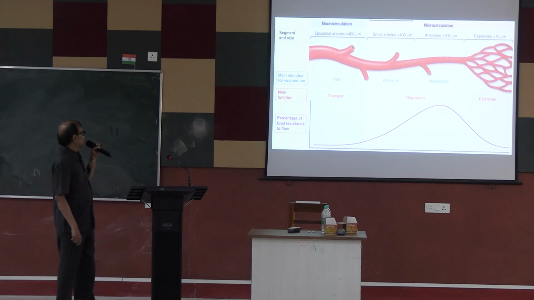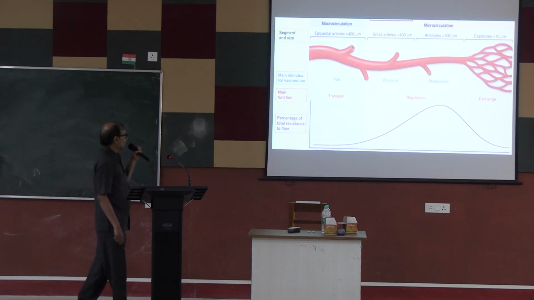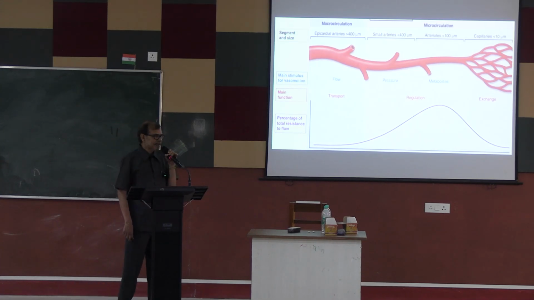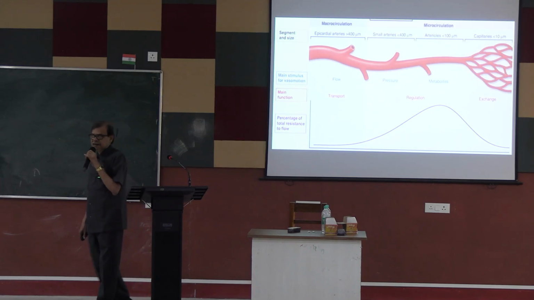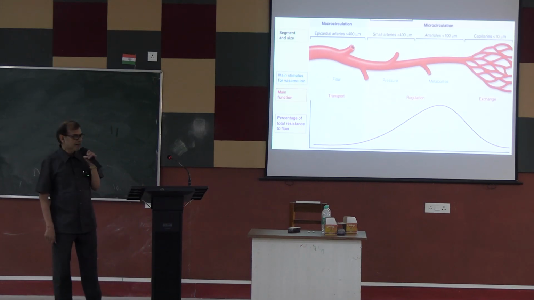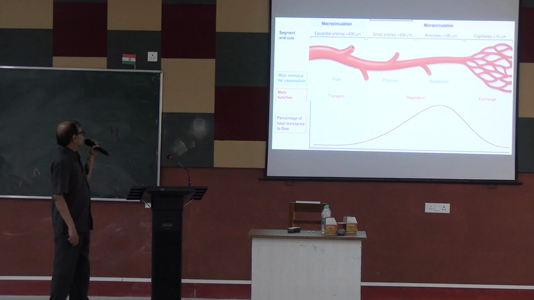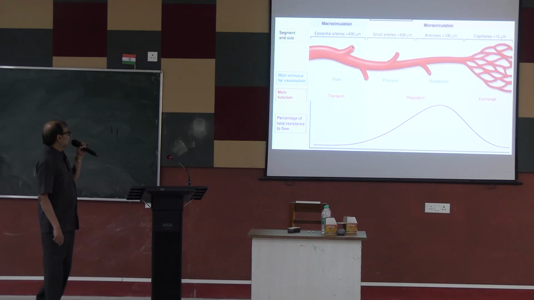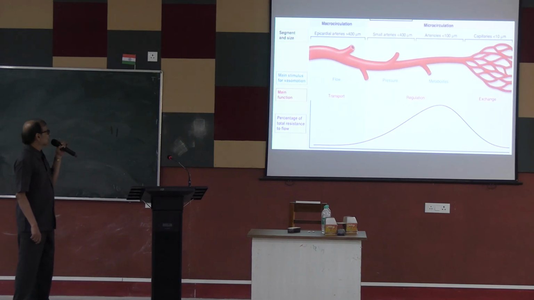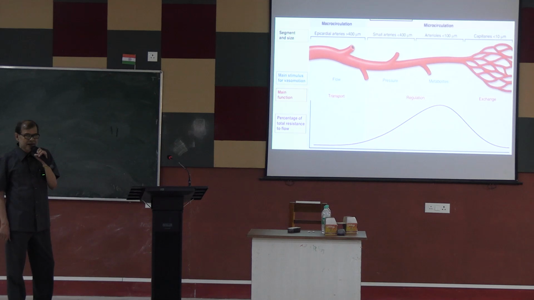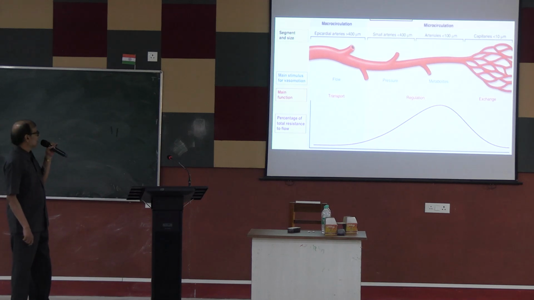Then the arterioles, diameter less than 100 micrometer. Then the capillaries, diameter less than 10 micrometer. So macrocirculation is constituted by epicardial arteries and the small arteries.